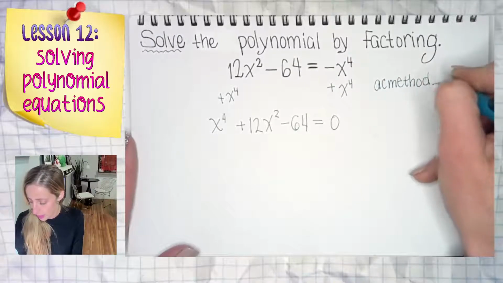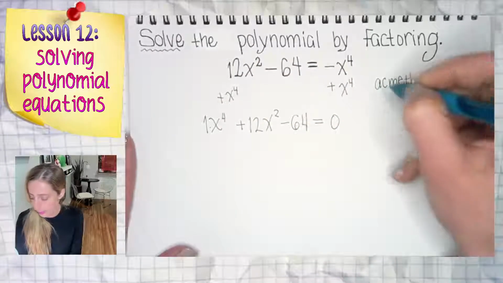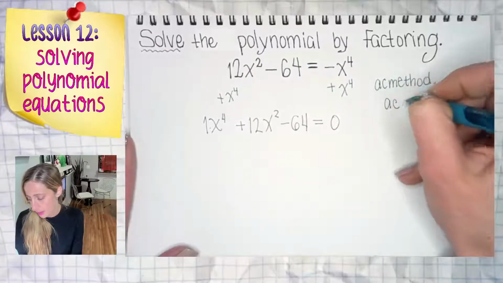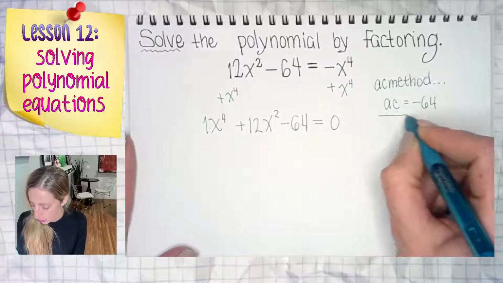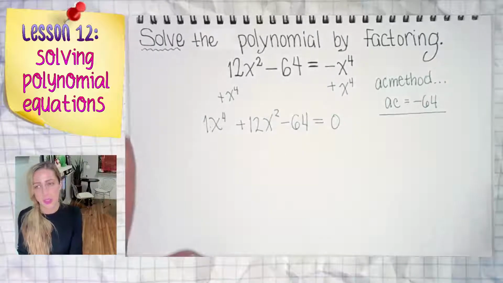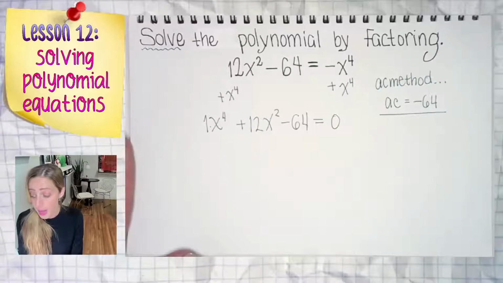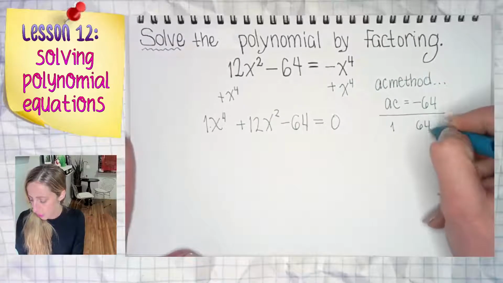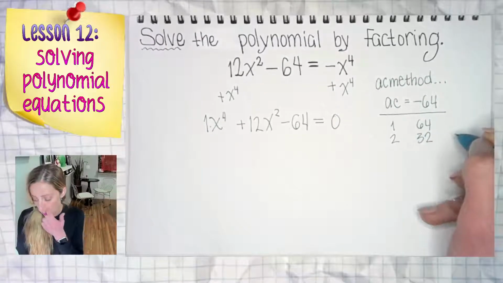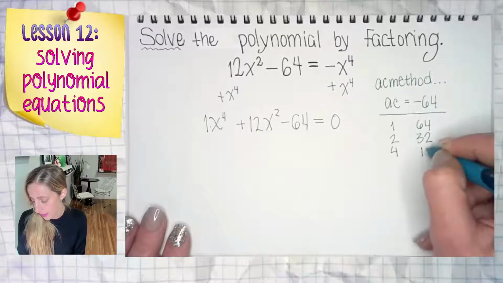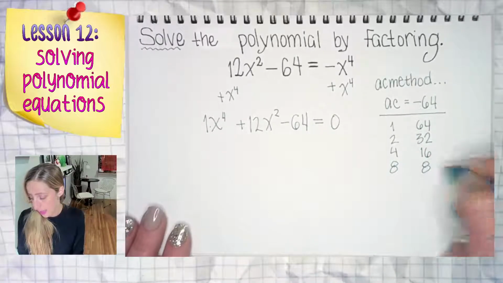Well, that means we're going to multiply the A and the C. A is 1 right over there. So AC is negative 64. And we're going to find a pair of numbers that multiplies to give us negative 64 and then adds to give us positive 12. 1 and 64, 2 and 32, 3 does not go in, 4 and 16, 5 no, 6 no, 7 no, 8 and 8.